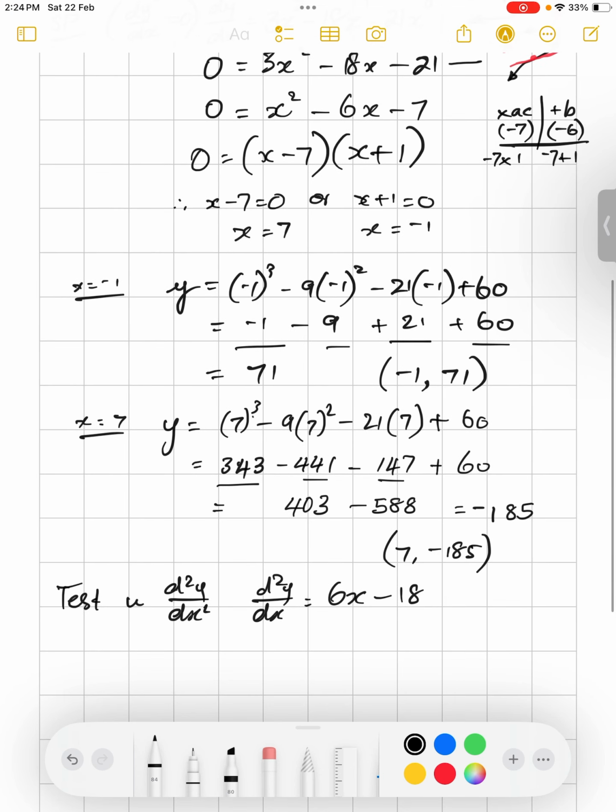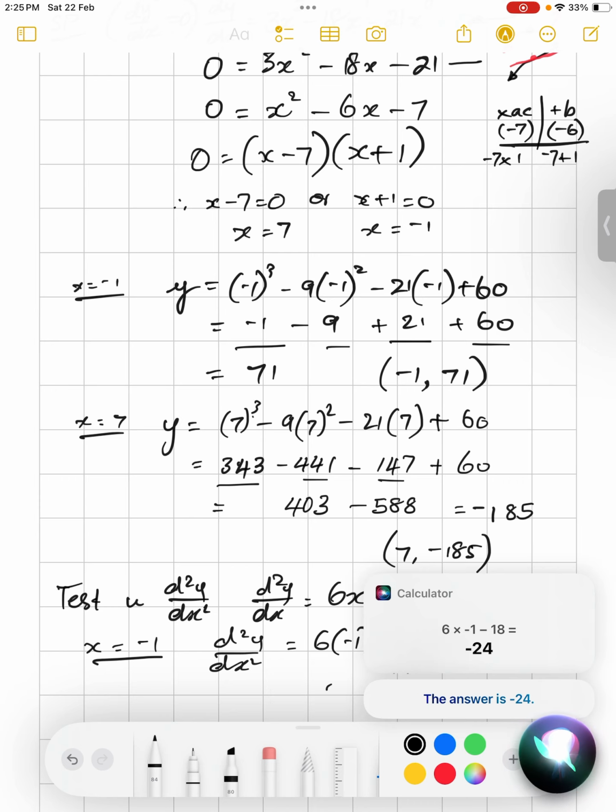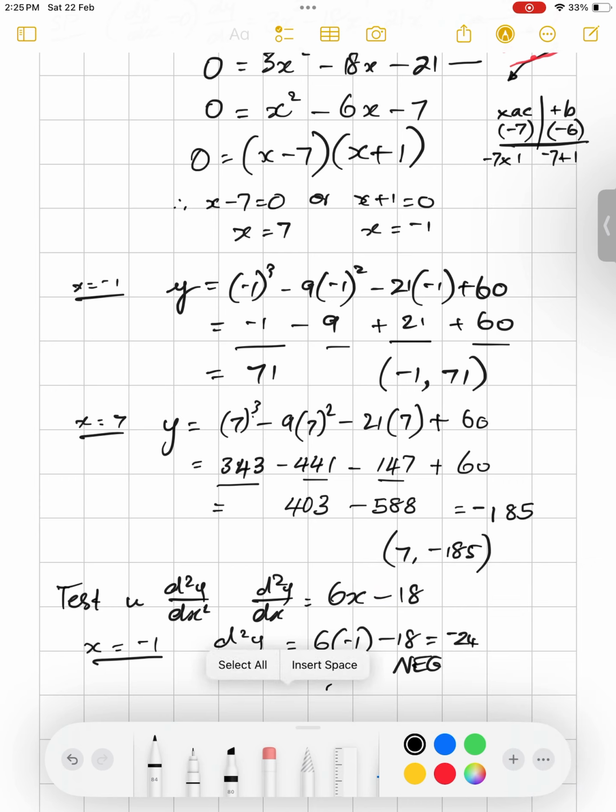So we substitute when x is negative 1, our second derivative will be negative, therefore concave down. A concave down curve has a maximum value, maximum turning point at negative 1, 71.